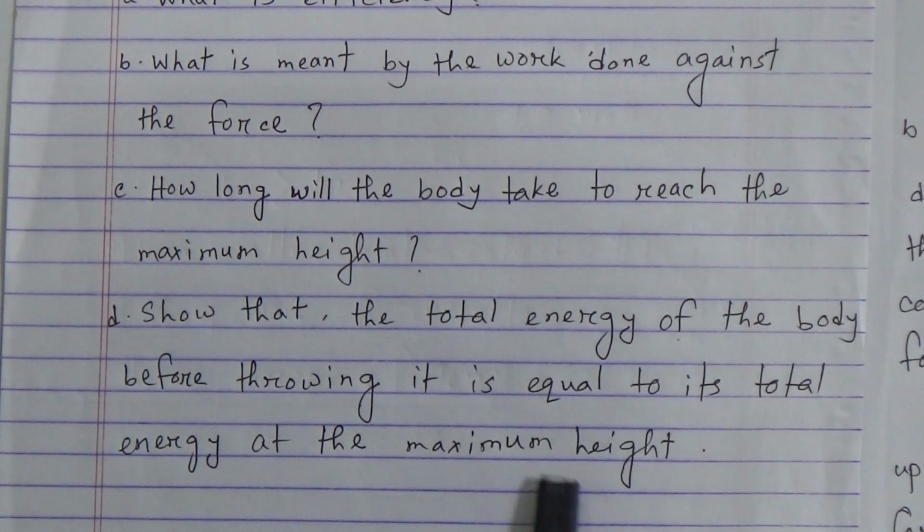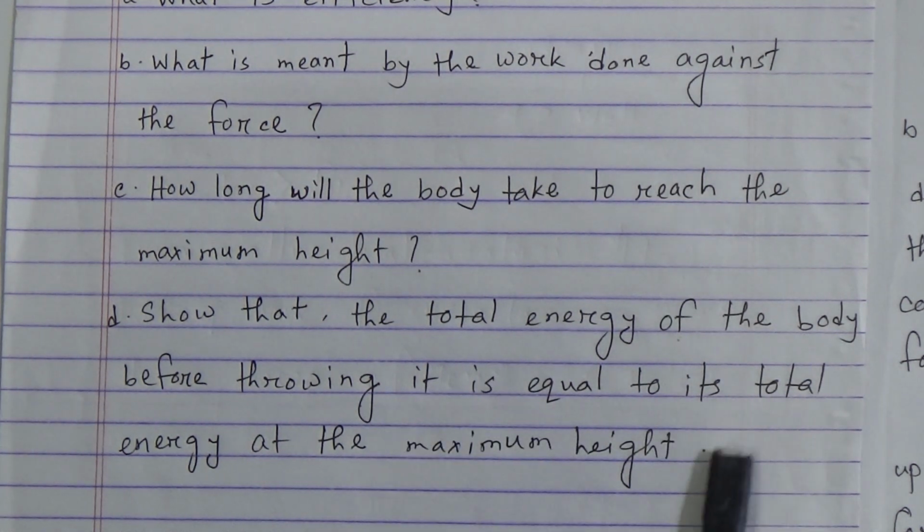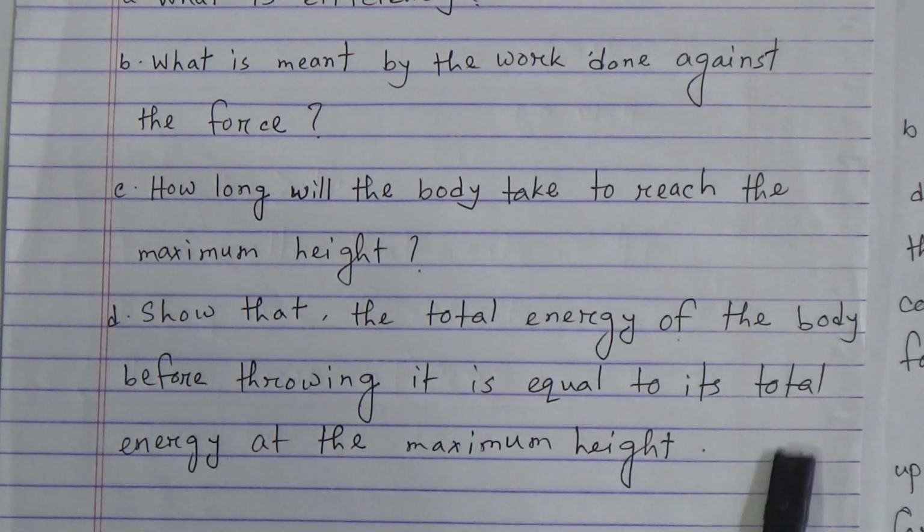The addition of potential energy and kinetic energy is the total energy before throwing, and for the total energy at maximum height we also have to find out the potential energy and kinetic energy at the maximum height, and these two added will be the total energy at the maximum height.